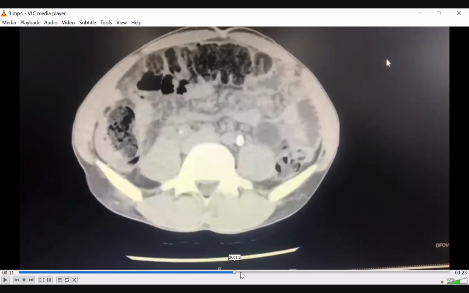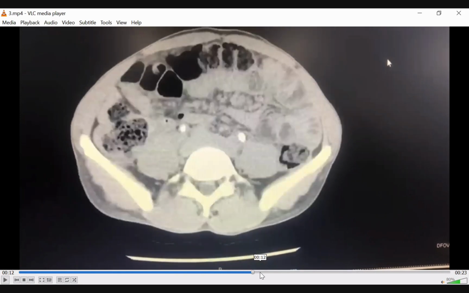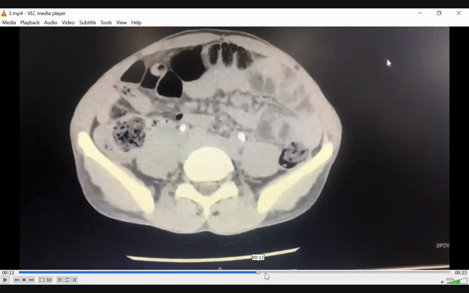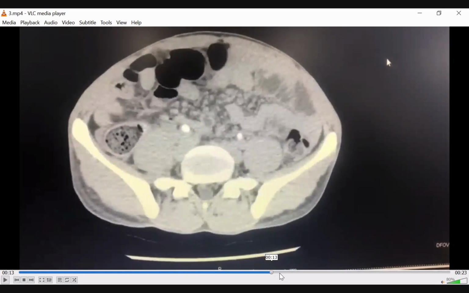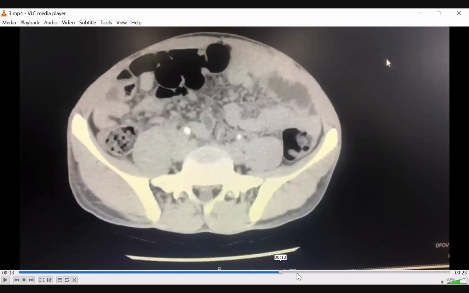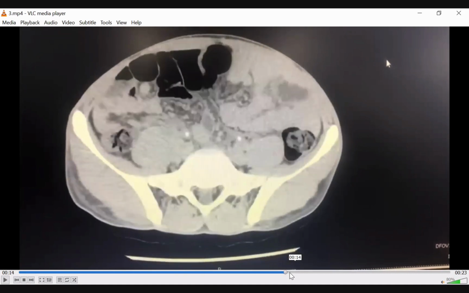Next. It is being pulled medially, usually.